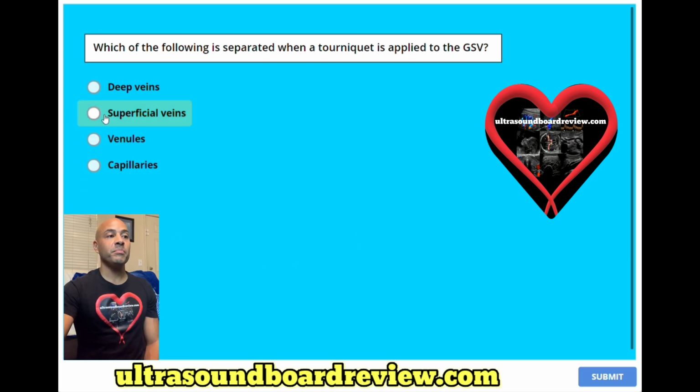The answer is B, the superficial veins. By applying this tourniquet to the greater saphenous, this will close off any flow from the superficial system influencing the deep system.